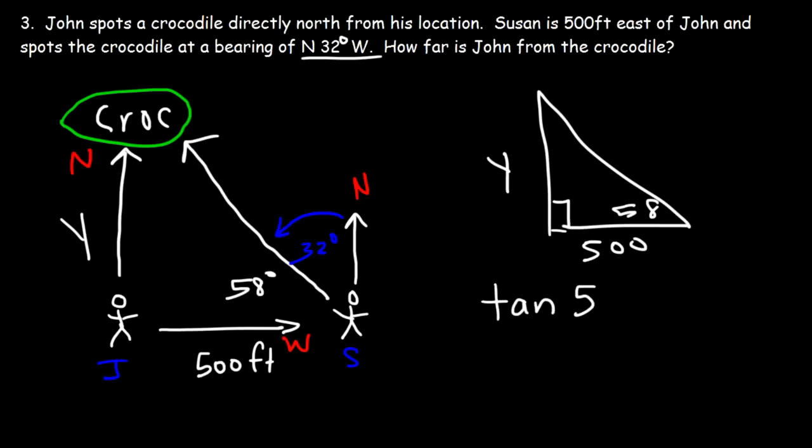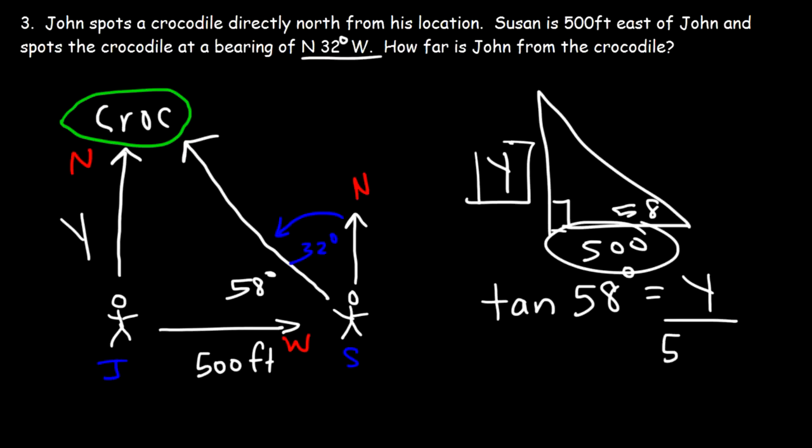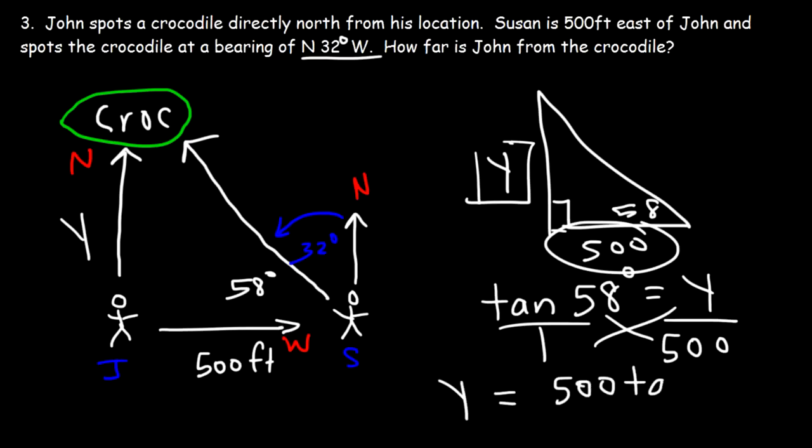Tangent of 58 degrees is equal to the opposite side, which is y, divided by the adjacent side, which is 500. So if we cross multiply, y is equal to 500 times tangent of 58.